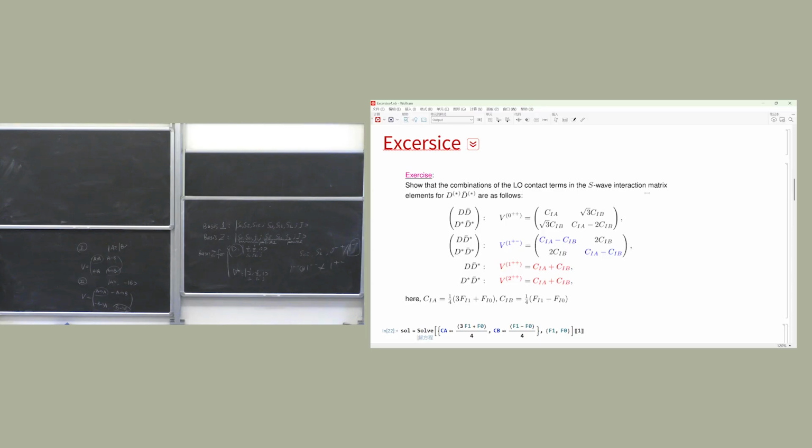For the fact that V is related to T, for example through the Lippmann-Schwinger equation at first order, I can write V in that way. Why can I write the potential in that way?